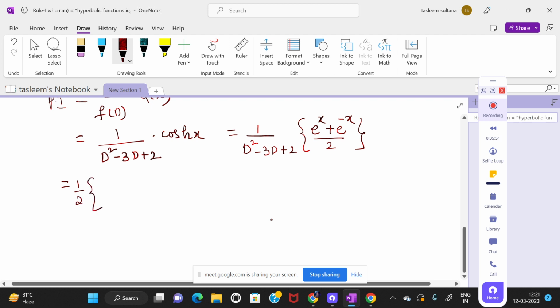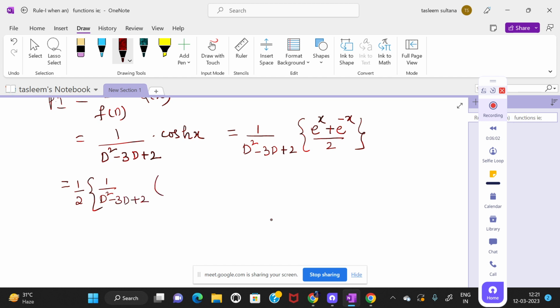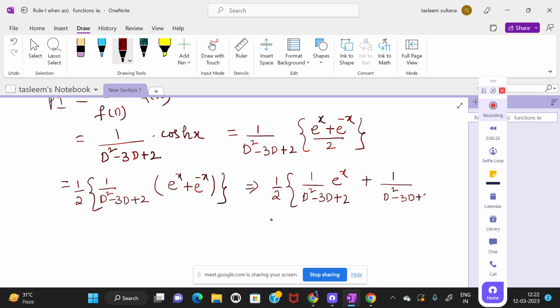Then this 1 by f of D is there, which I will multiply to both the terms. Or I'll write one more step, no problem. 1 divided by D square minus 3D plus 2 of (e to the power of x plus e to the power of minus x). So this turns into 1 by 2 completely common: 1 divided by D square minus 3D plus 2 into e to the power of x, plus 1 divided by D square minus 3D plus 2 into e to the power of minus x.